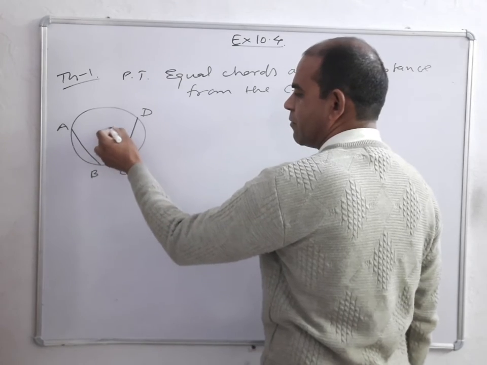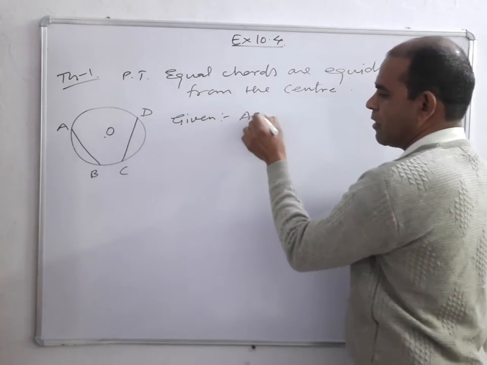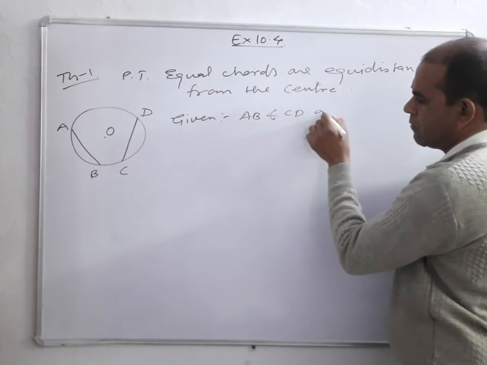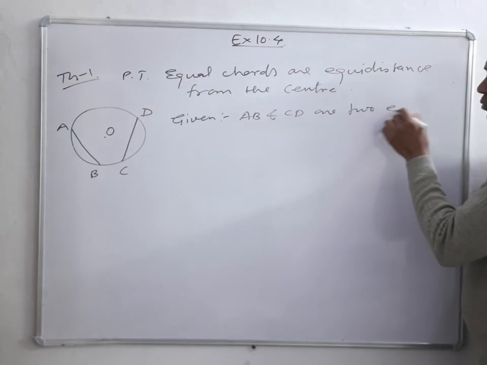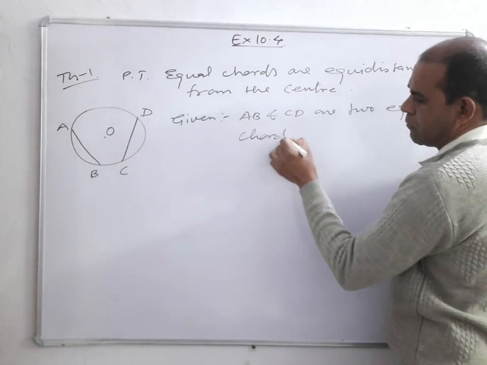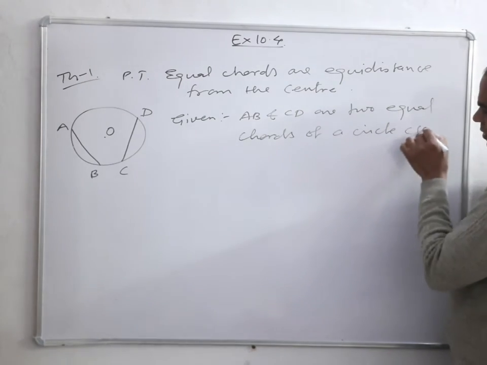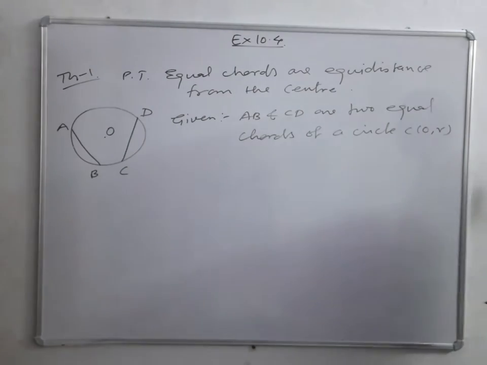It's the given. So given is AB and CD are two equal chords of a circle C(O, r). O is the center and r is the radius.